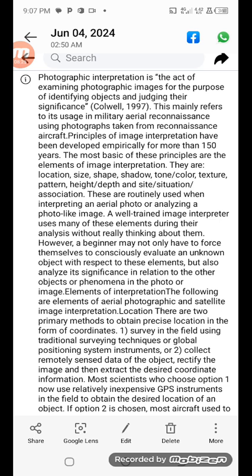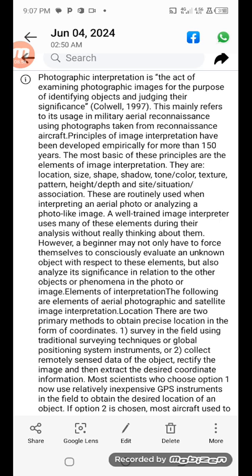Photographic interpretation, as I already said, is the act of examining photographic images for the purpose of identifying objects and judging their significance. We have different principles that guide interpretation of images. For example, the location. You can use the size. Here, you can estimate the size using standard items like a swimming pool, flag post.